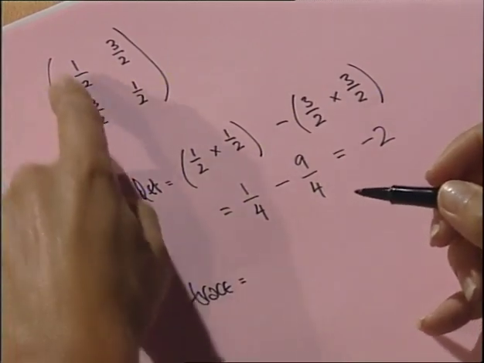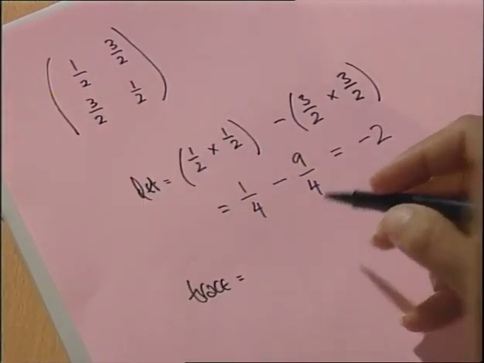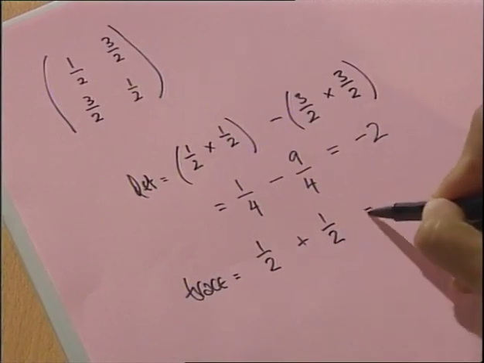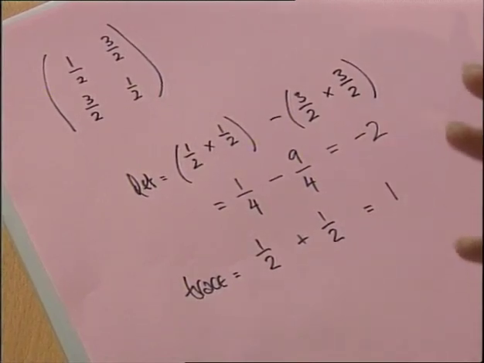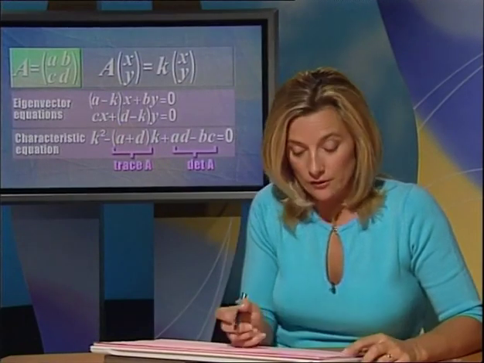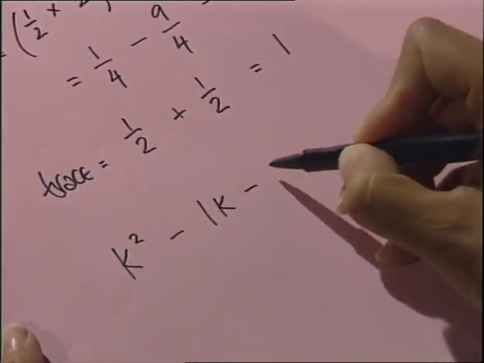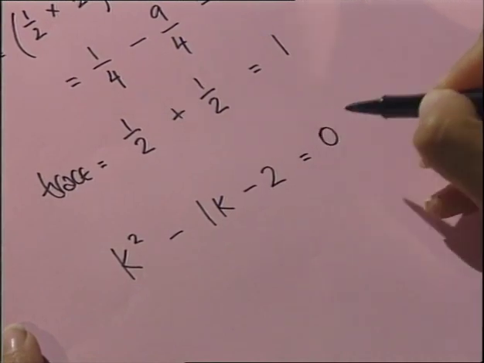And that's the sum of the diagonal entries, which is a half plus a half, which equals 1. Now this gives me the characteristic equation, k squared minus 1k minus 2 equals 0.